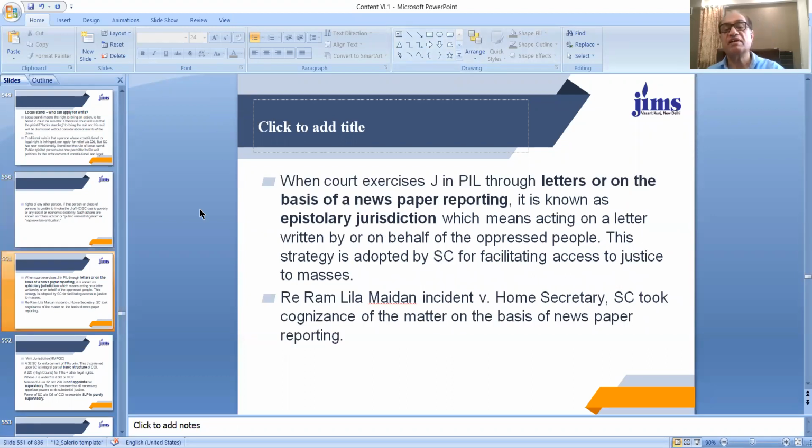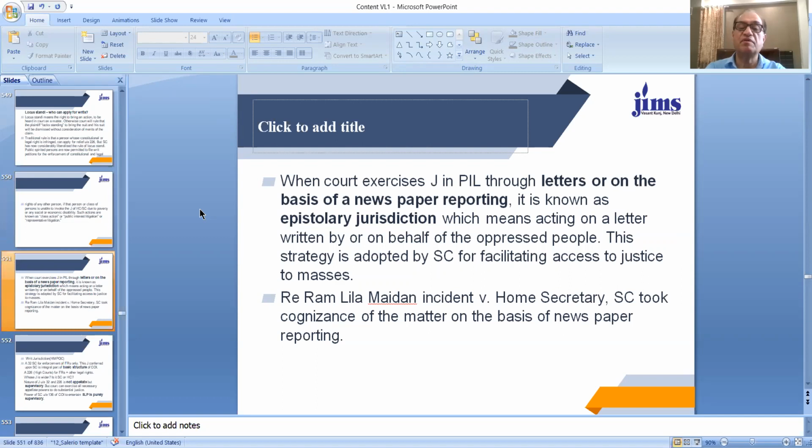Dear students, when the court exercises jurisdiction in public interest matters through letters or on the basis of a newspaper report, it is known as epistolary jurisdiction of the court, which means acting on a letter written by or on behalf of the oppressed people.